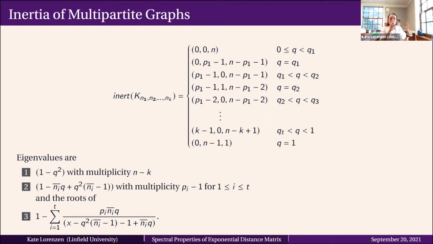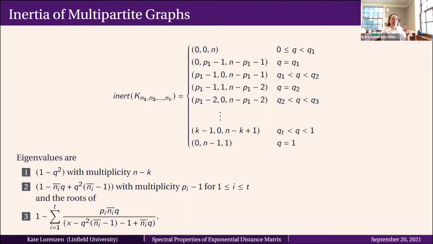And then as q increases, we have these special values of q where we alternate between the eigenvalues of the second kind or of the third kind equaling 0 for that one value of q and then being negative for the remaining values of q. So that's why we see this alternating between a p_i minus 1 group equaling 0 and then negative, or a single eigenvalue equaling 0 and then becoming negative, slowly shifting over.